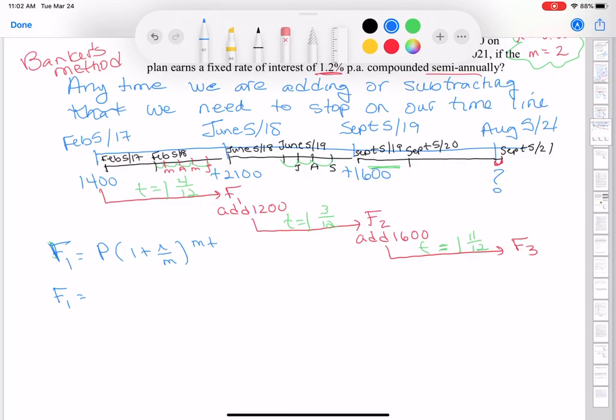So we're starting with $1,400, and we're moving that forward at a constant interest rate of 1.2% compounded semi-annually, and our first interval is 1 4/12. And we're going to find that answer, and because we've stopped, we're going to add in our deposit, which is $2,100.